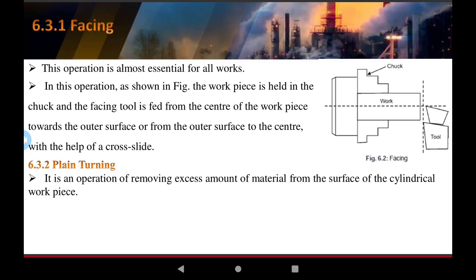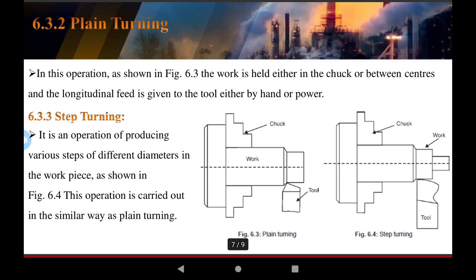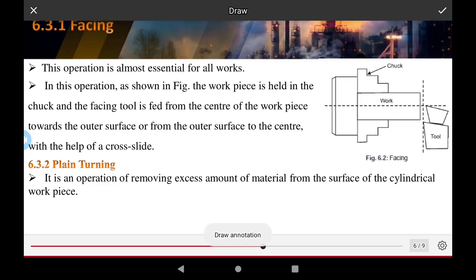Facing: this operation is almost essential for all work. In this operation, as shown, the workpiece is held in the chuck and the tool is fed from the center of the workpiece.